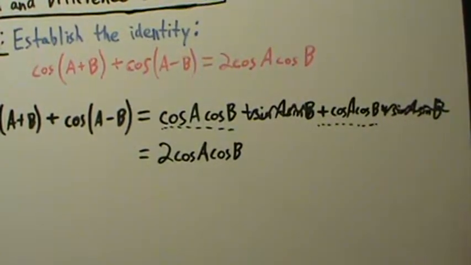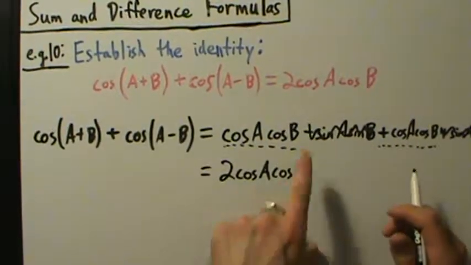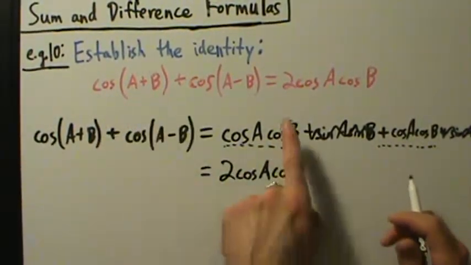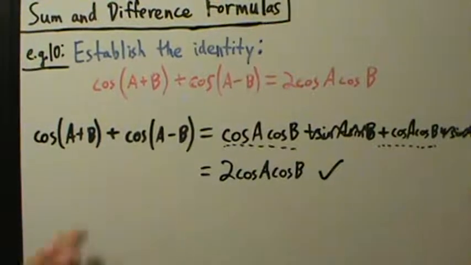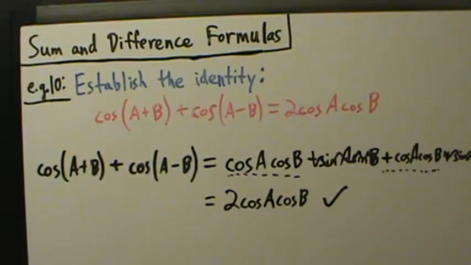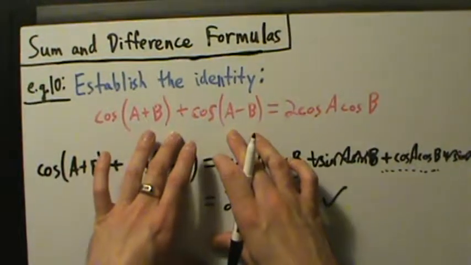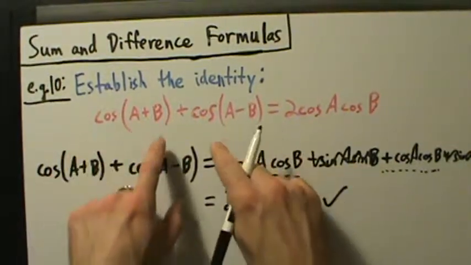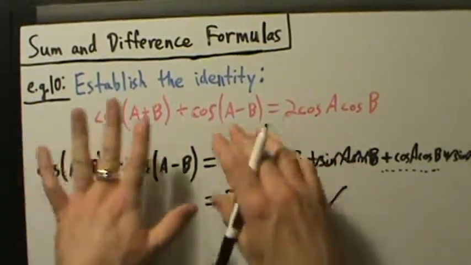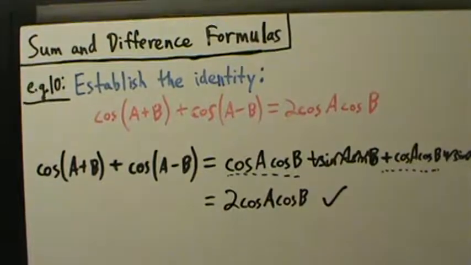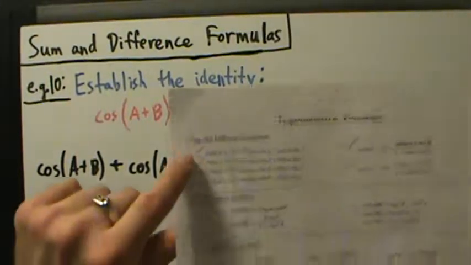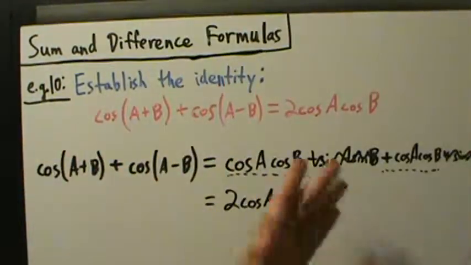So that's actually it. That's the whole thing, and that's what we wanted to show, right? That this equals 2 cosine A cosine B. So we see that it's probably one of the simpler types of problems that we can have with establishing identities using trig formulas. We just applied the formulas, and then it pretty much just fell into place naturally.